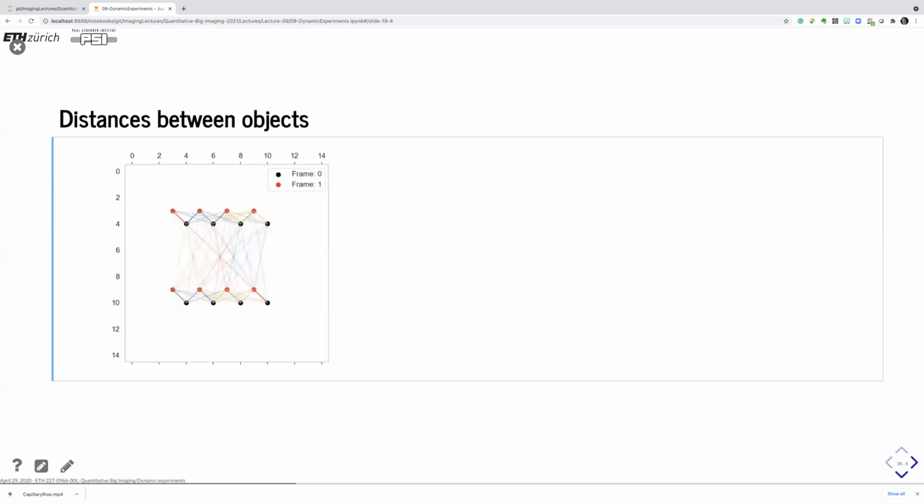So what we can look at are the distances between the objects. And here you can see there are some long distances and there are shorter distances. And here you can see also the opacity is controlled by the distance. So these are less opaque than those short ones.